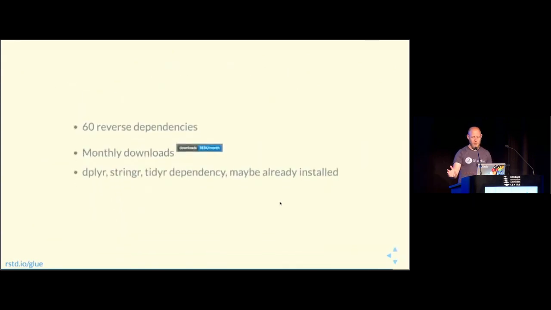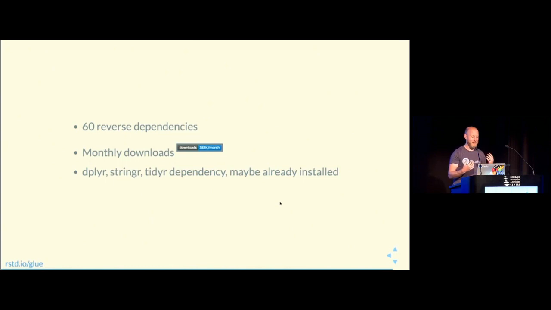So glue is popular, perhaps, so has about 60 reverse dependencies, so other packages that are using glue, such as Thomas's packages he mentioned today in the keynote. Glue has about 380,000 downloads per month. And I'm not claiming all of these downloads as glue.